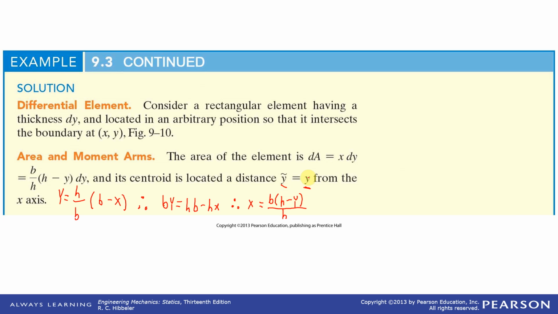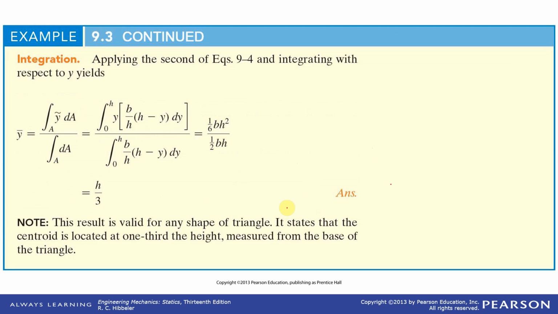Okay, so now that we have everything, we have to do y times dA. Well, we've got x in terms of y, so let's look at the integrals. Y times x dA, and there's a dy right here. It's inside the brackets. It's not outside. I was expecting it outside. Integral dA.